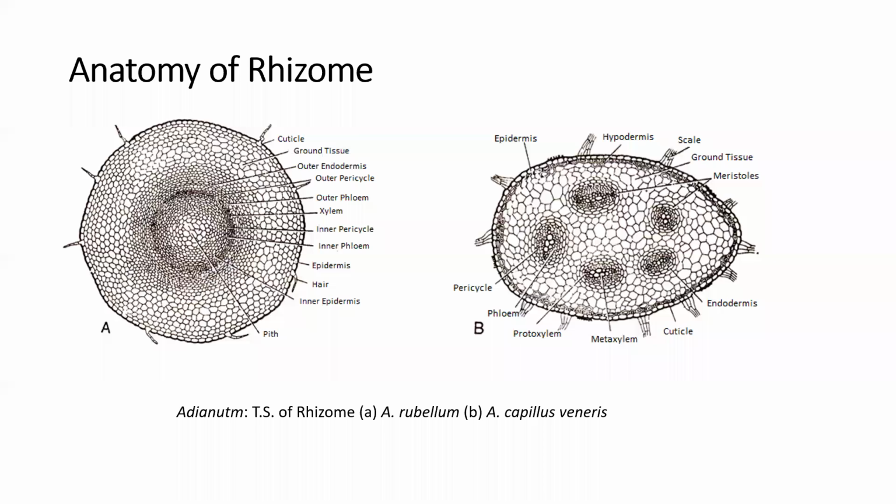First is the epidermis, second is the cortical region, and third is the stelar organization. The epidermis is the single outermost layer of thin walled, and sometimes thick walled cells in the older age of the Adiantum.